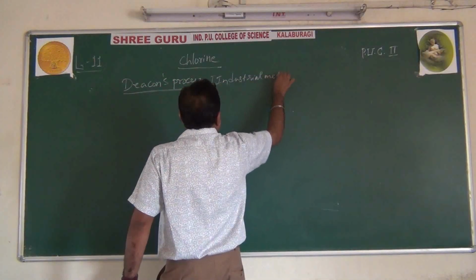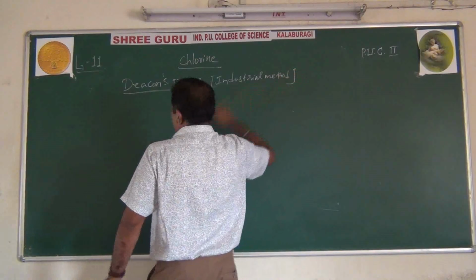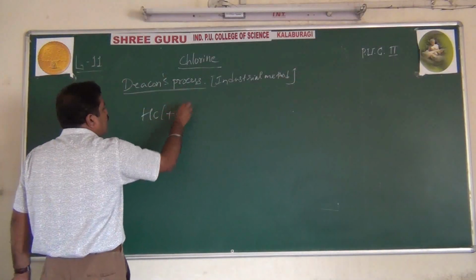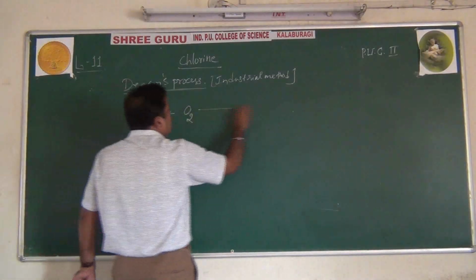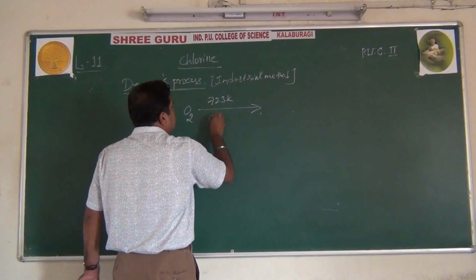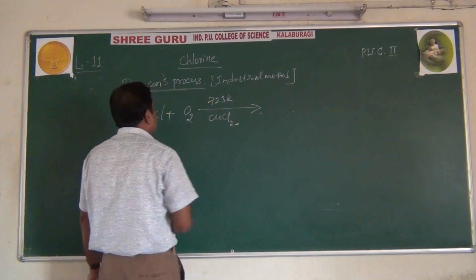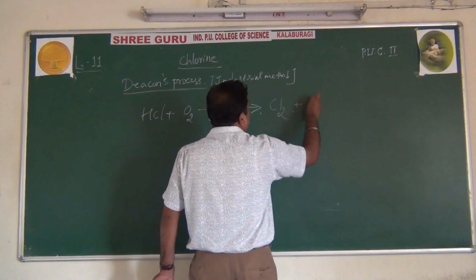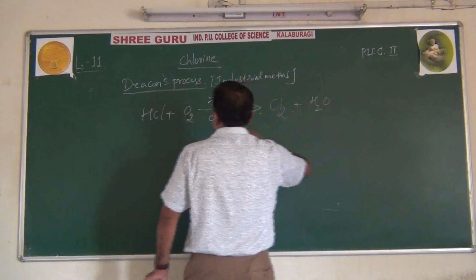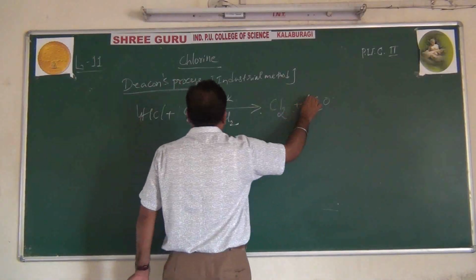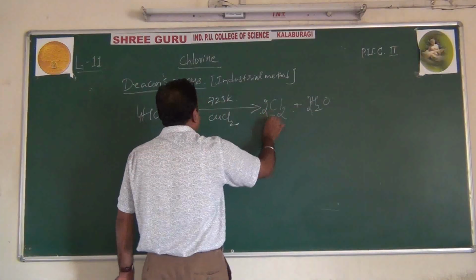Industrial method. On a large scale, chlorine is prepared by oxidation of HCl with O2, heating at about 723 Kelvin temperature using copper chloride as a catalyst. It will form Cl2 and H2O. So 4 HCl, O2 gives 2 H2O, 2 Cl2.